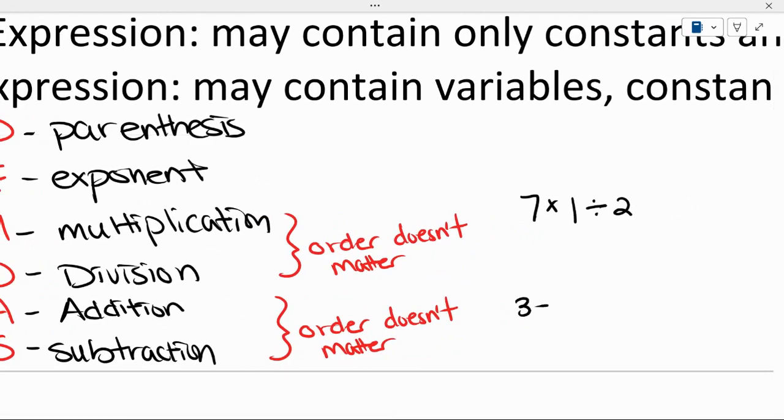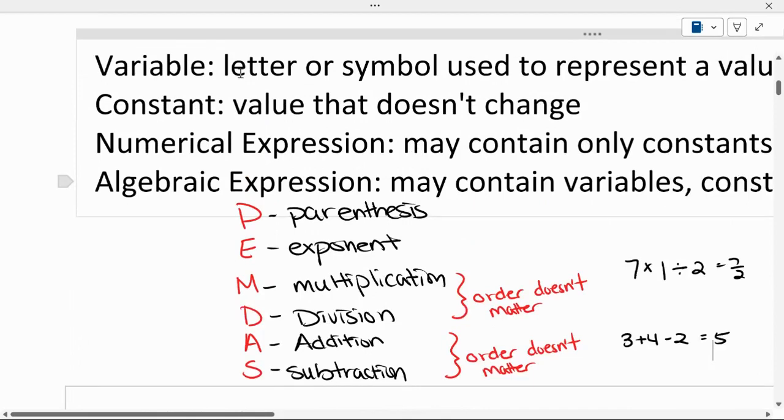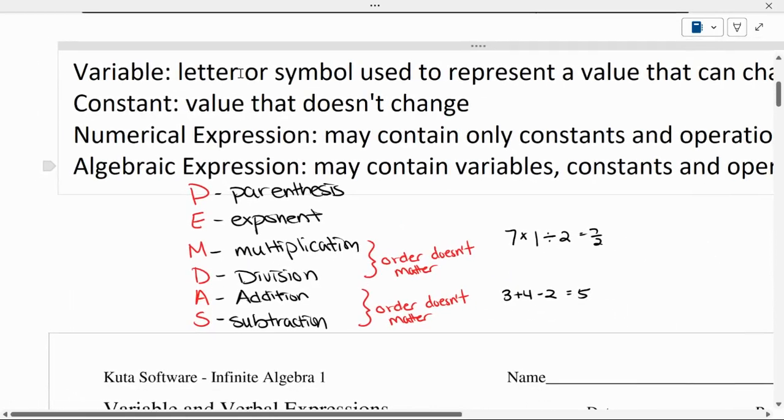You can have 3 plus 4 minus 2. You could do 3 plus 4 first: 3 plus 4 is 7, minus 2 is 5. Or you could do 4 minus 2, which is 2, plus 3 is also 5. It gives the same answer. So the order of those doesn't matter, but the other ones do.